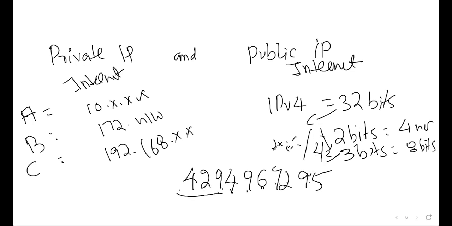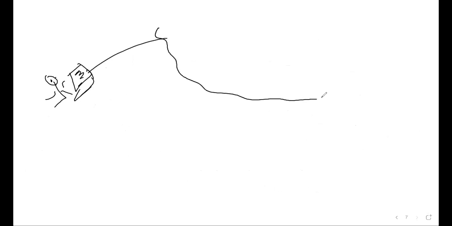In this, if there is no private and public concept, and I need internet, I'm standing here with a laptop. I have to be a part of the public cloud or public entity on the internet side.